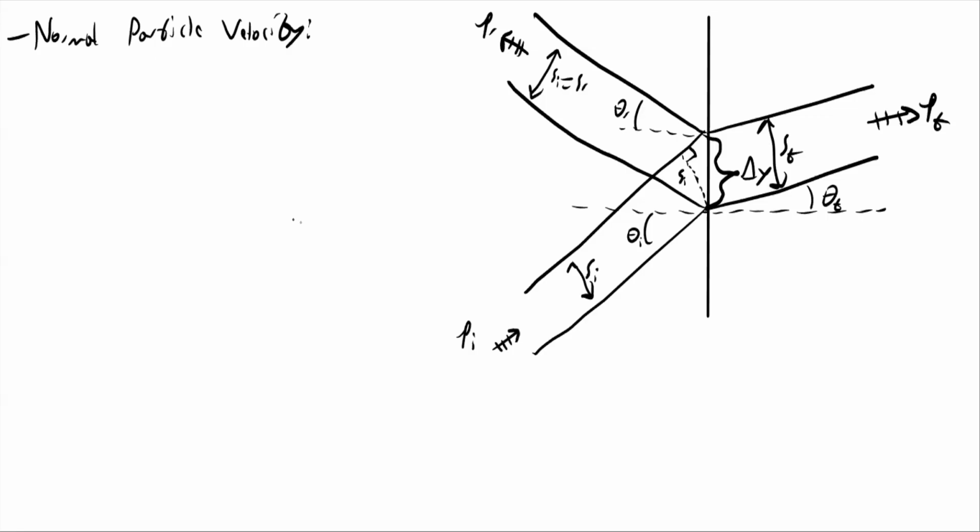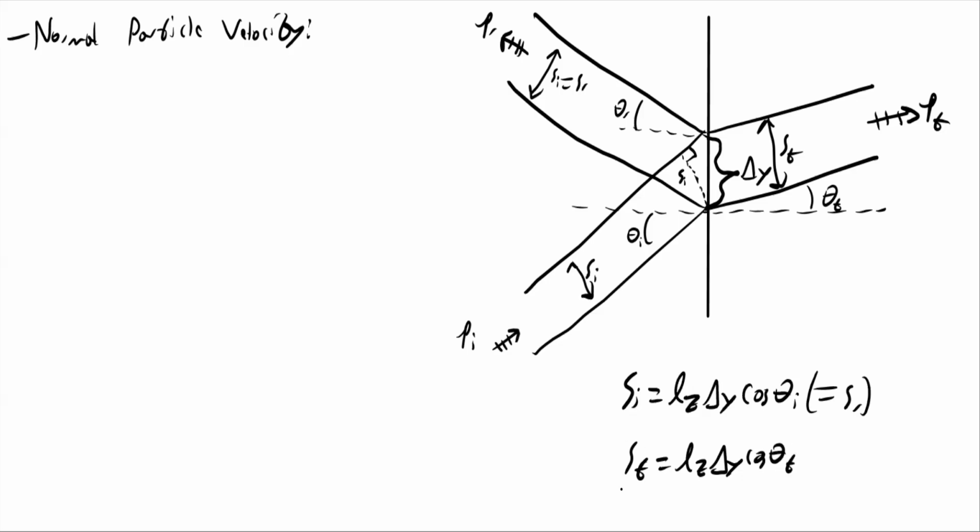One final note before we return to the normal particle velocity: we'll note that the incident bundle is some LZ, which I'll define in a second, times delta Y times cosine theta I. And again, this is equal to SR. ST is equal to LZ times delta Y cosine theta T. So this gives you a relation between delta Y, the cosine of your angle, and SI.